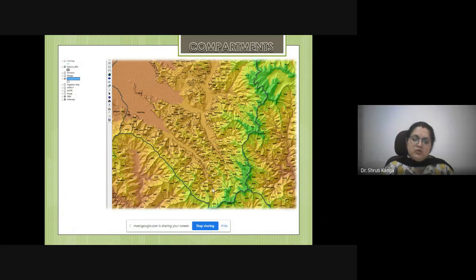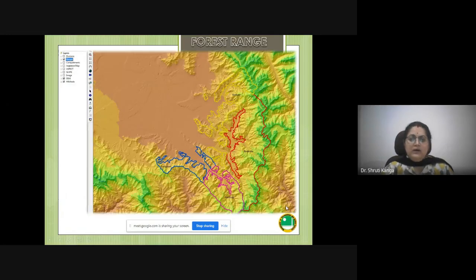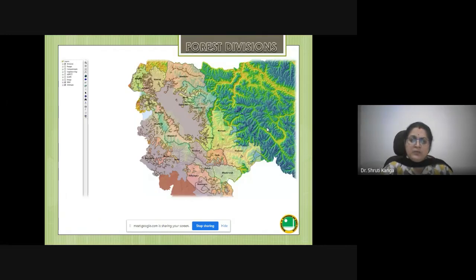If somebody wants a complete forest range of this Quasigund, then they can extract the information. Under this range all the compartments can be derived. If we want information for the complete Kishtwar forest division, then that also can be done.